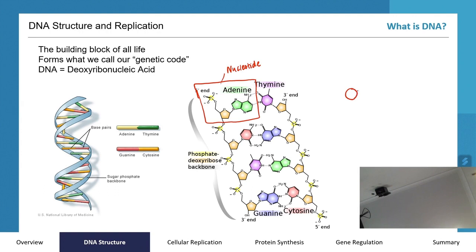We start off at the very top with something called a phosphate group. Connected to a sugar with 5 carbons in it. So this is our deoxyribose sugar. Connected to this sugar as well is our nitrogenous base.